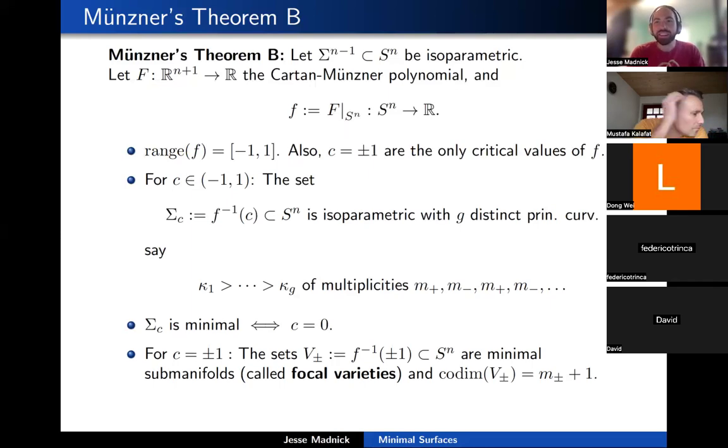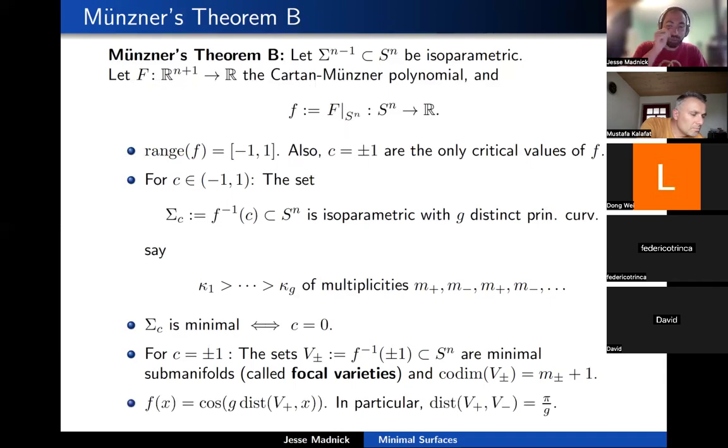And amazingly, the codimension of these minimal submanifolds is given by m plus plus 1 and m minus plus 1. So they're given by the multiplicities of the principal curvatures of the other level sets plus 1. It's extremely weird.